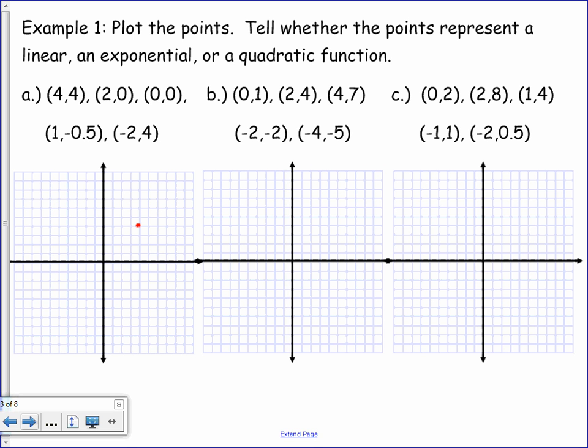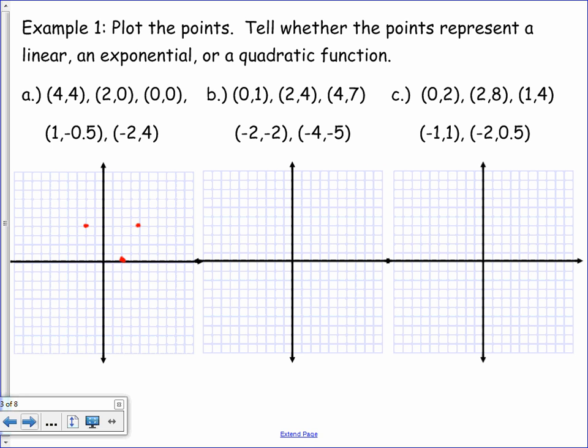The points are 4, 4, 2, 0, 0, 0, 1, negative half, and negative 2, 1, 2, 3, 4. Okay. I know what I graphed, sorry.